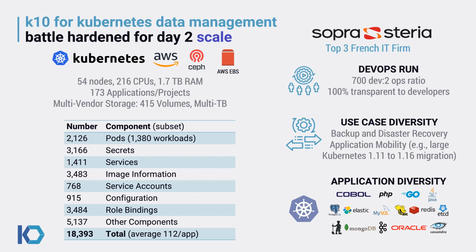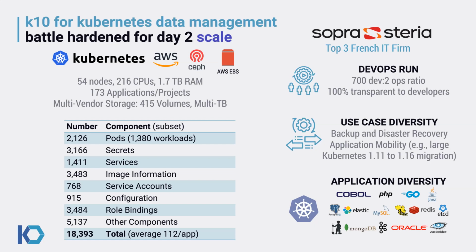Another thing that they use this for is migration. They migrated their Kubernetes cluster from 1.11 to 1.16, and I don't know if many people are familiar with this, but doing a migration within a cluster is very challenging.